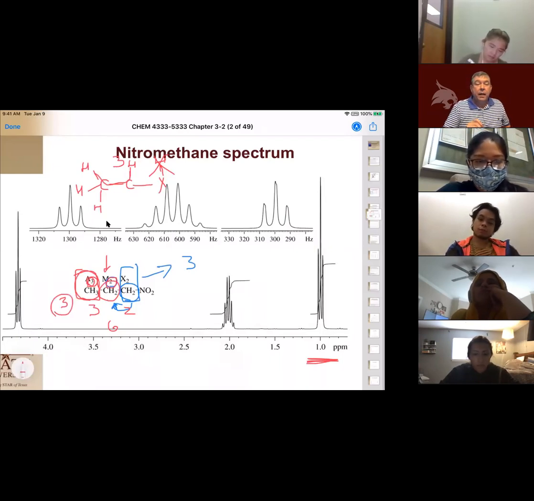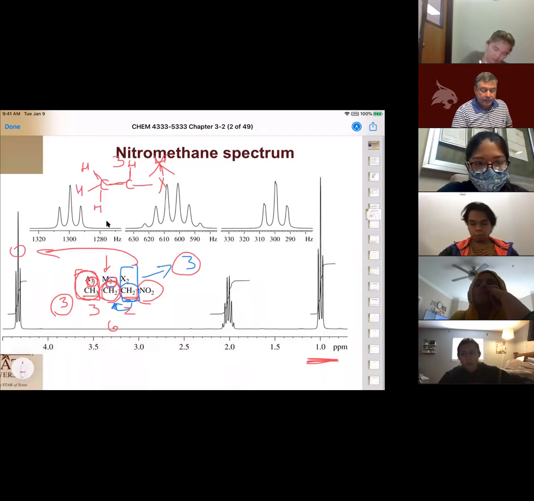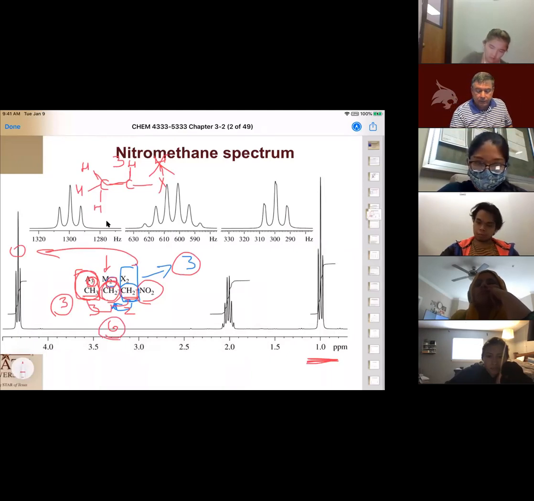This one right here has an electron-withdrawing group. It's going to deshield it, so it's going to be shifted downfield, and it's going to have 3 peaks, which is what we see here. And this is going to be intermediate between the two. One's not shifting, one is shifted downfield, so it's going to be somewhere in the middle. It's going to have a total of 6 peaks. We have 1, 2, 3, 4, 5, 6. Yeah, and we have 6 peaks.